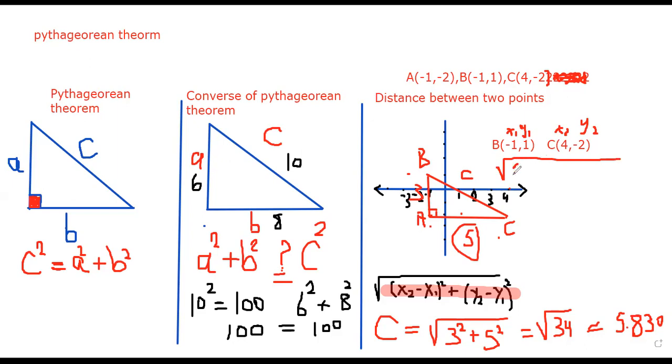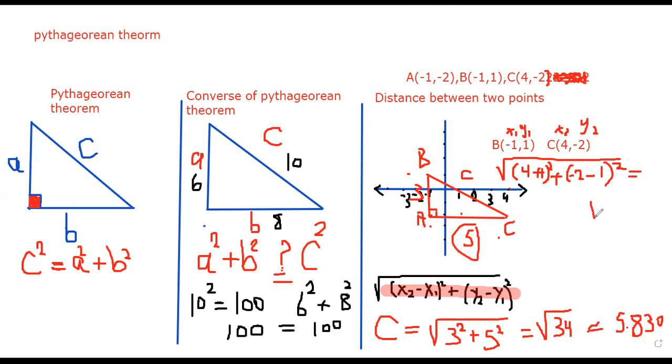Then we will substitute here. It will be x2 minus x1, which means 4 minus negative 1, so 4 plus 1, all to the power of 2, plus y2 minus y1, which is negative 2 minus 1, all to the power of 2. By the end, you will find that the answer is the same.